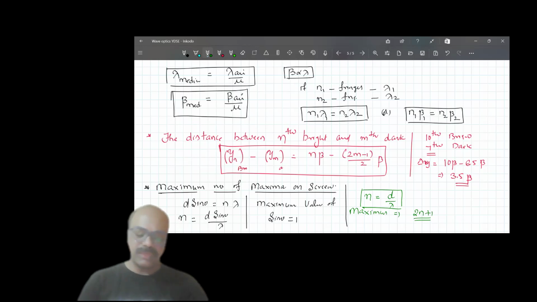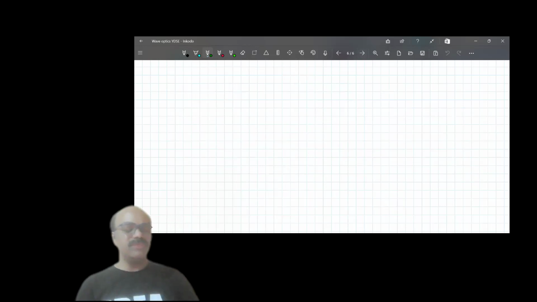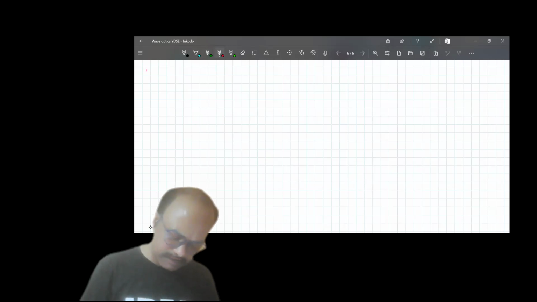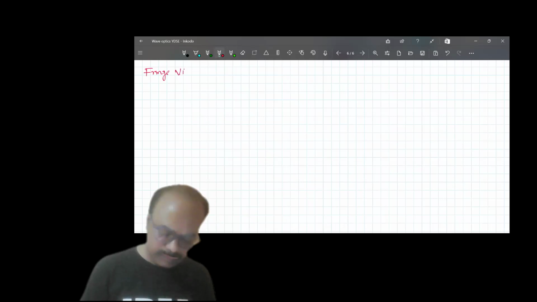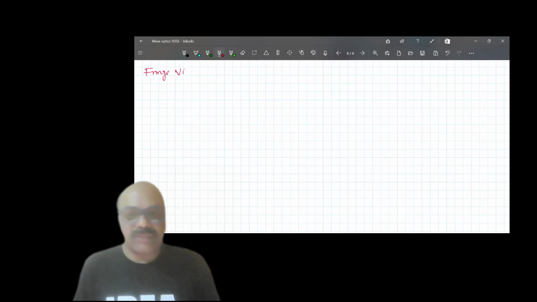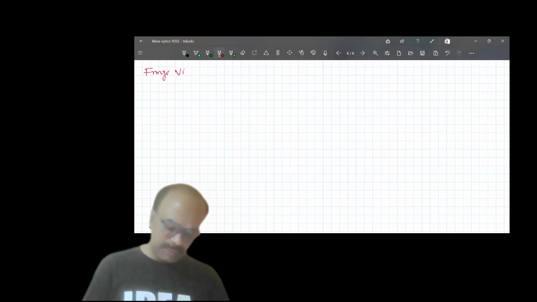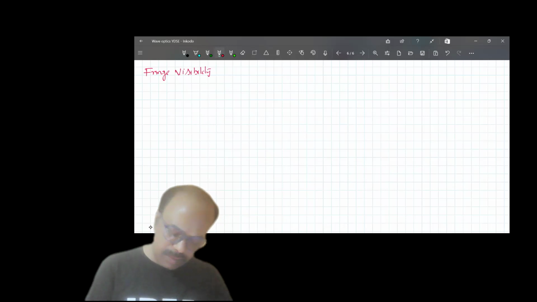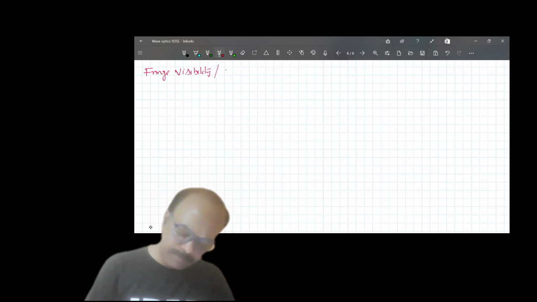Okay? So the next concept here is fringe visibility. Very, very important. In the NEET examination, several times they ask this fringe visibility, or we call it band visibility.